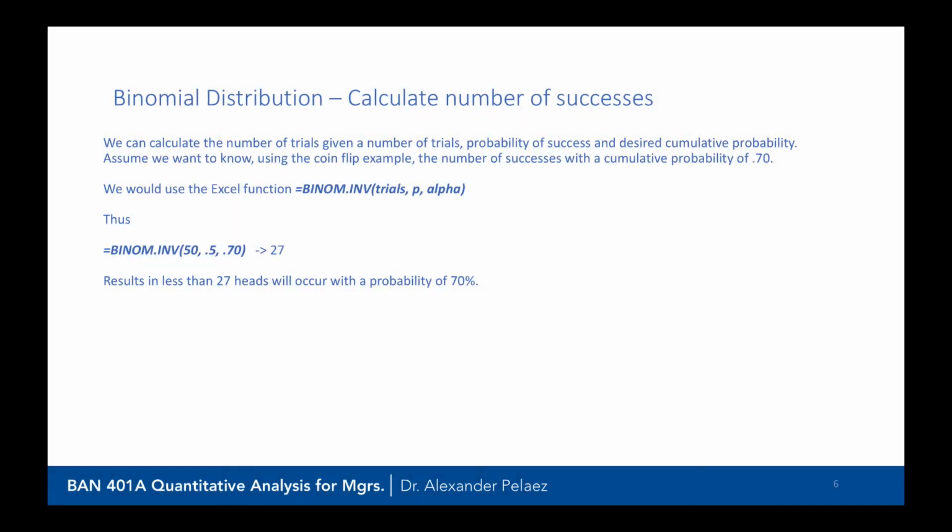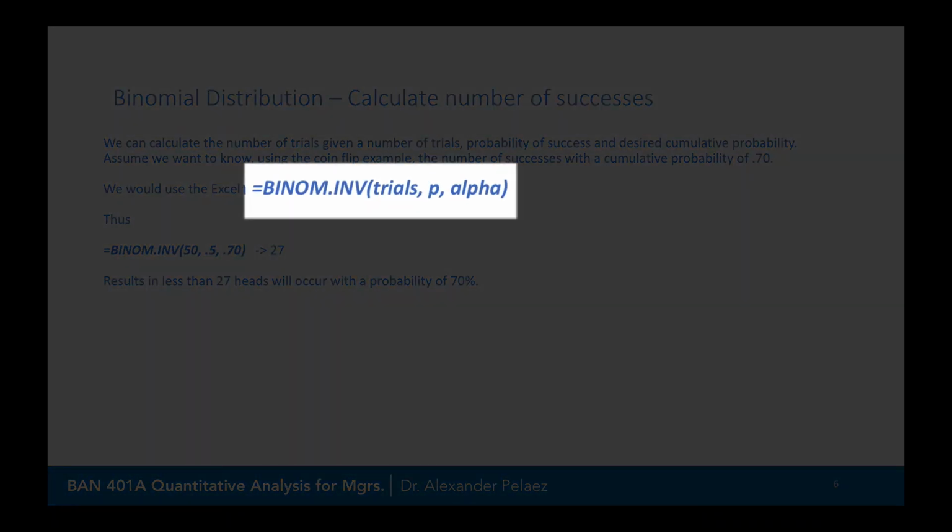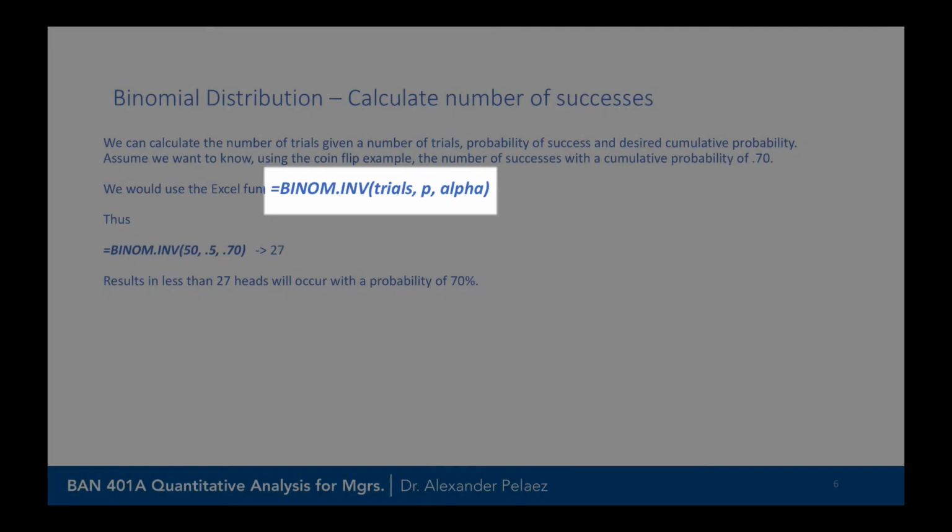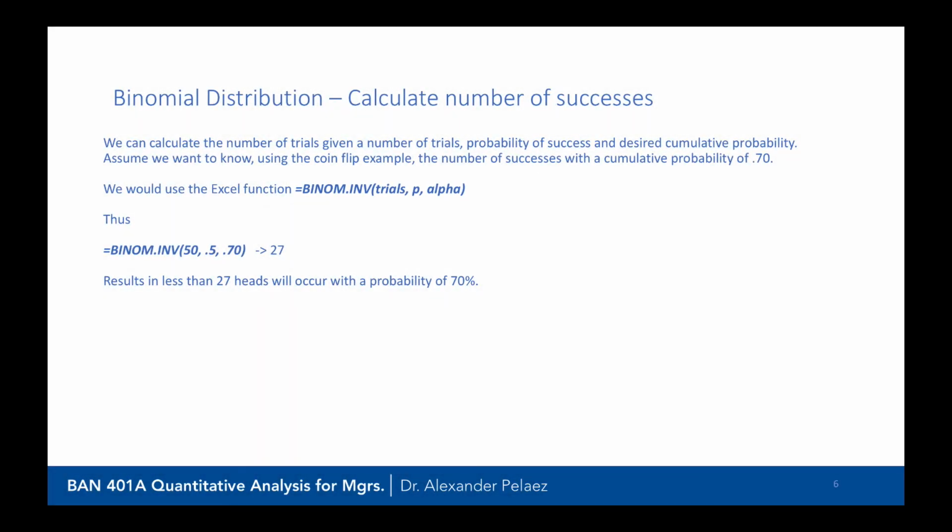So if we want to calculate the number of successes, and we're given the number of trials and the probability of success, and we know the desired cumulative probability we're looking for, we can figure that out. Using the coin flip example, say we want the number of successes with a cumulative probability of 0.70. What we do is use the Binom.INV function.